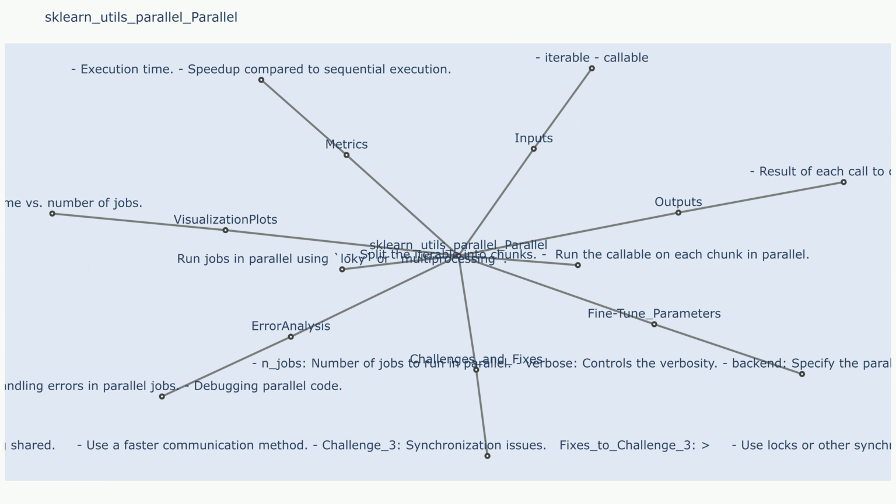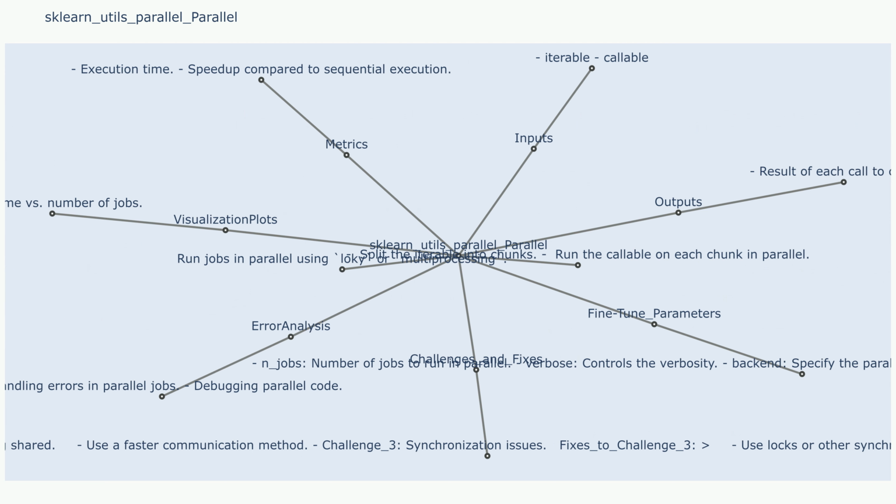Fixes to challenge 2: increase the batch size of the data being processed to reduce the relative overhead of communication. Use a backend that minimizes communication overhead, like threading for tasks that are CPU bound. Optimize the data serialization and deserialization processes used for communication between workers.